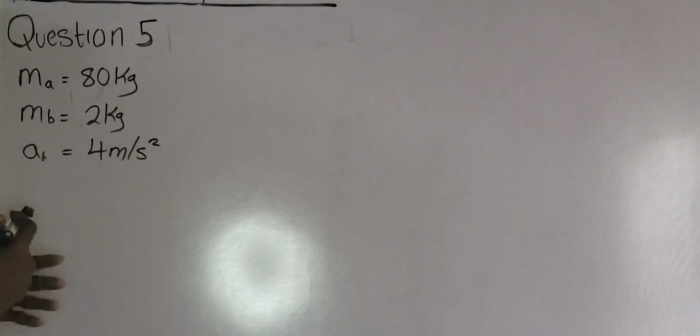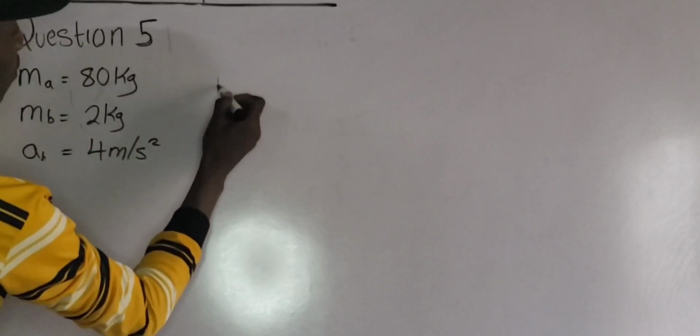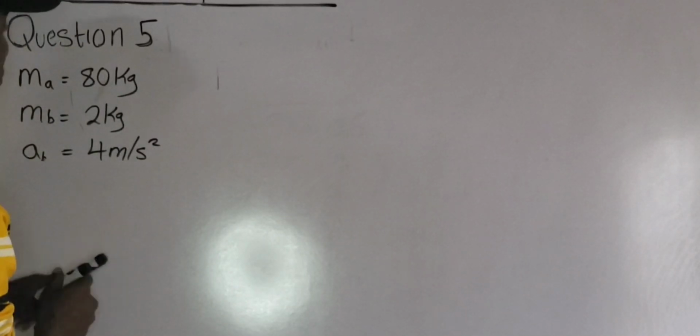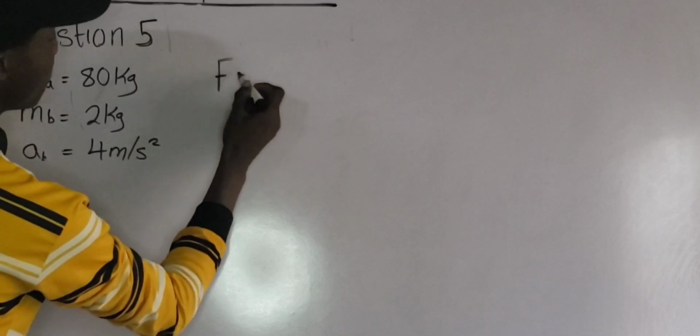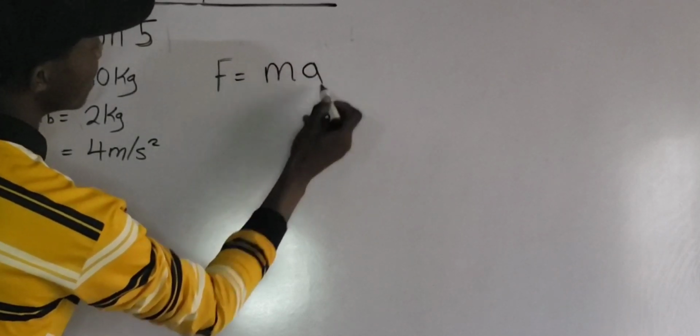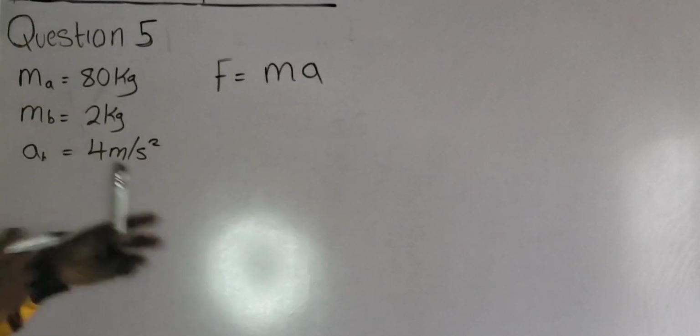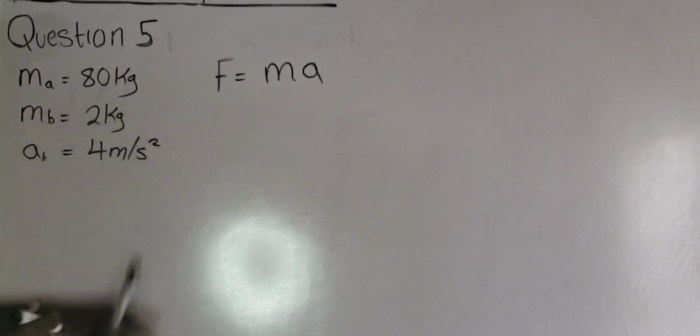Okay, now let us determine the force that the astronaut exerts on the box. To determine the force that the astronaut exerts on the box, we are going to make use of Newton's second law of motion, because according to that law, we have F is equal to ma, that is the force applied is equal to the product of mass and acceleration.